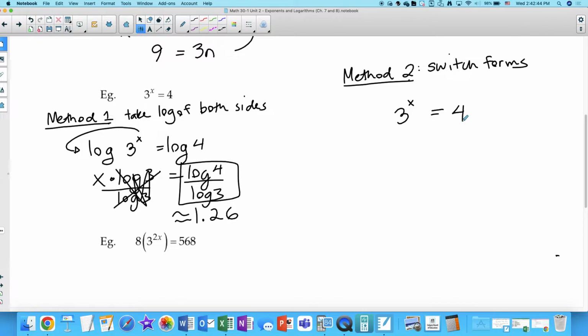I can put this into logarithmic form. The base of the log will be the same as the base of the exponent, so that will be 3. The argument is the value of that power, so that's 4. That equals x. Solved. This is an exact solution.